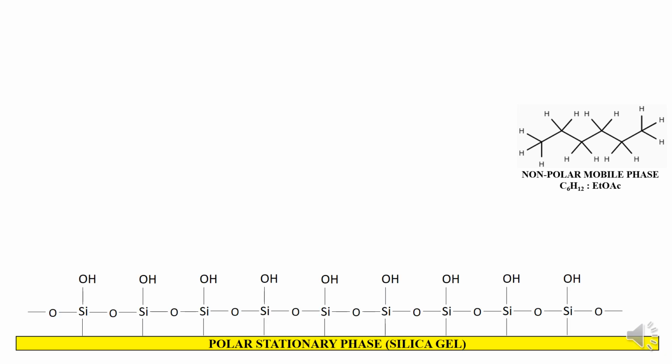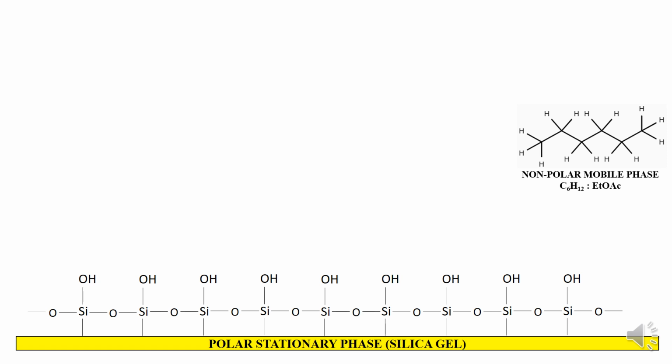Now let's carry out the separation of three components of varying polarity using a non-polar mobile phase, which is a mixed solvent comprising hexane and ethyl acetate, and a stationary phase, which is silica gel.